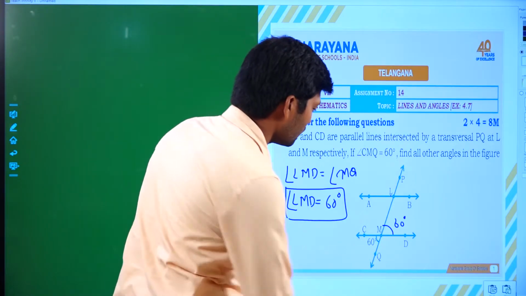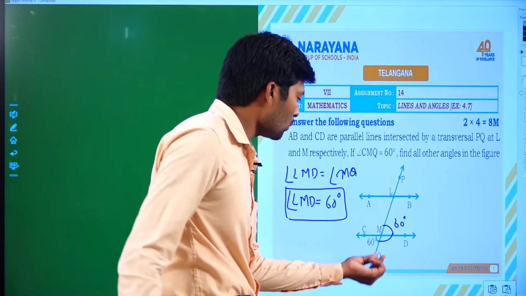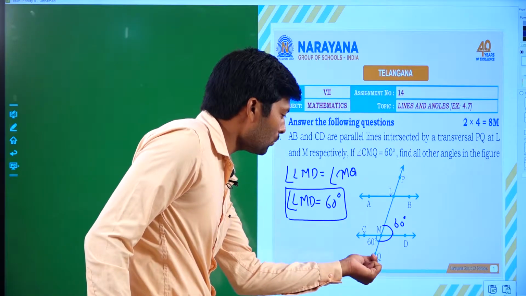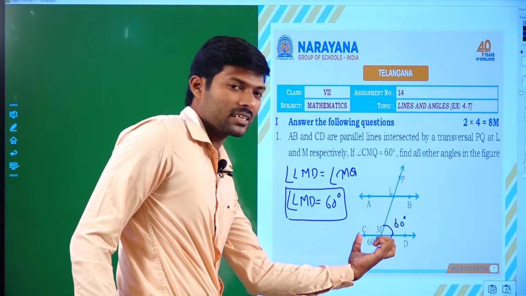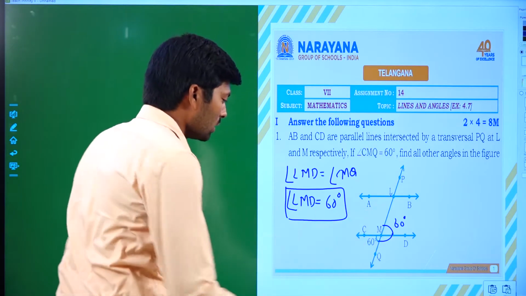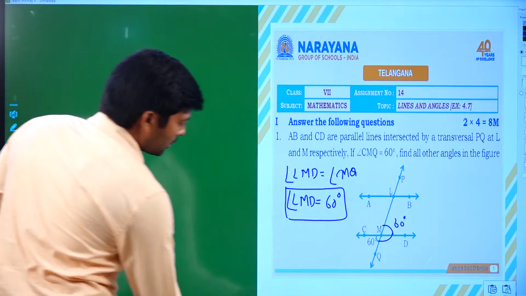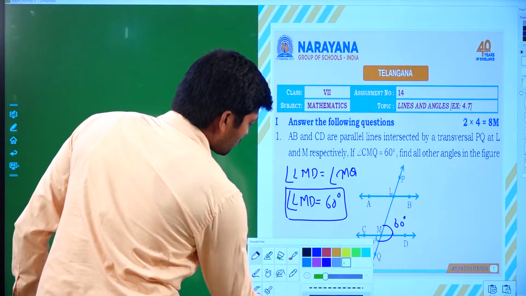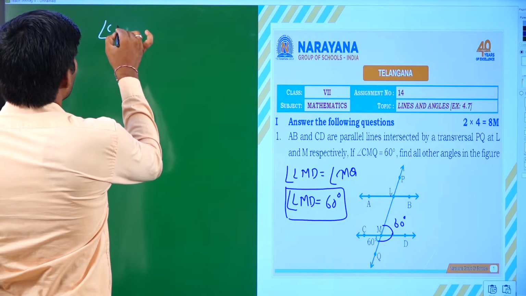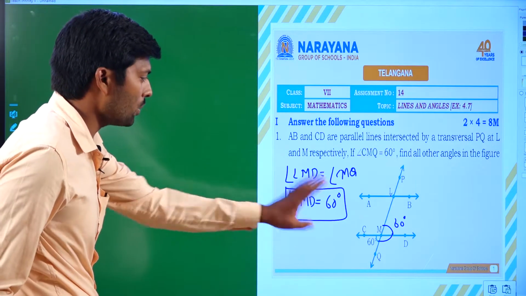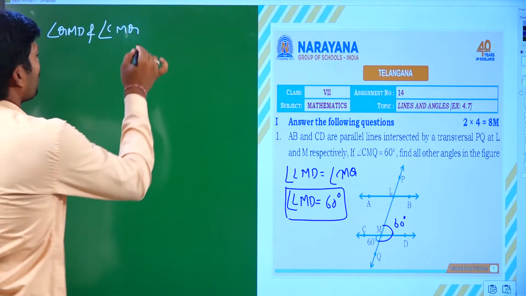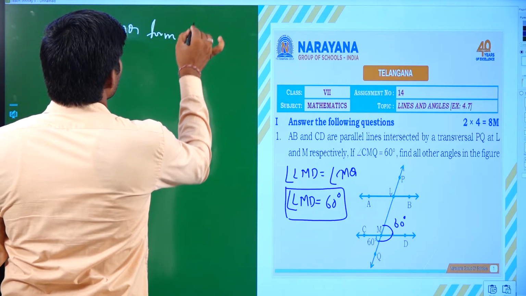So let's go for the next one. What about angle QMD? From this line, angle CMQ and angle QMD form a linear pair.